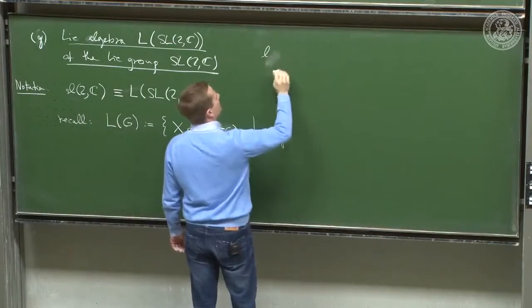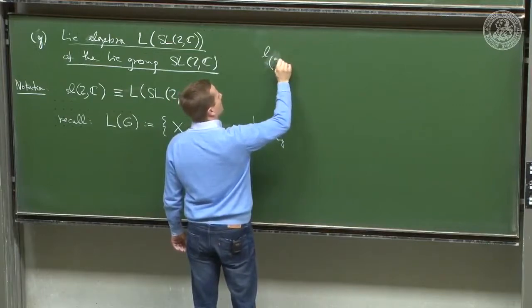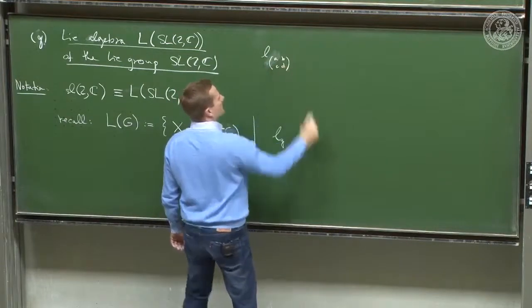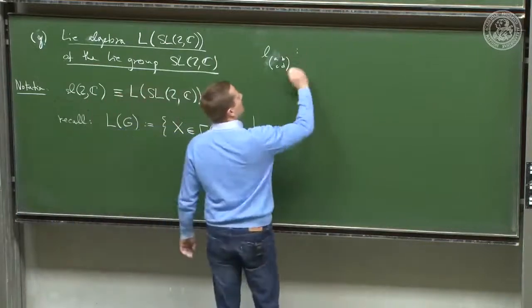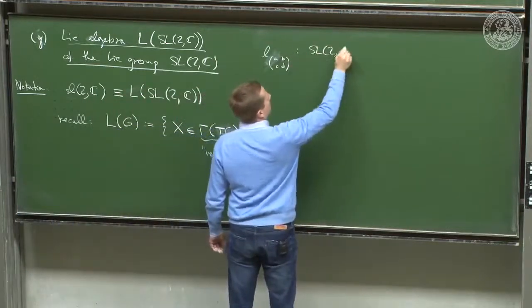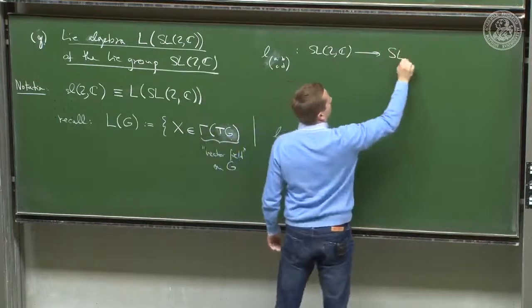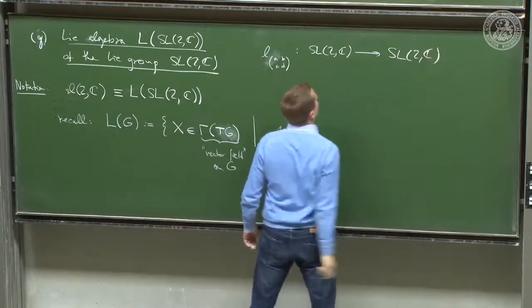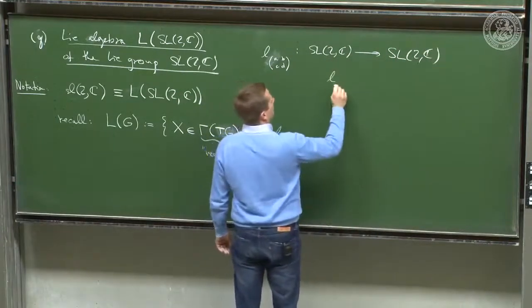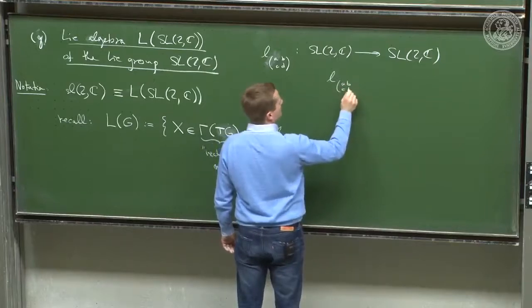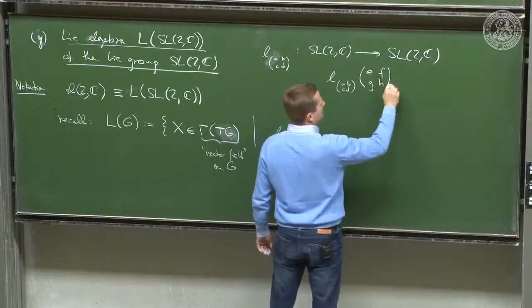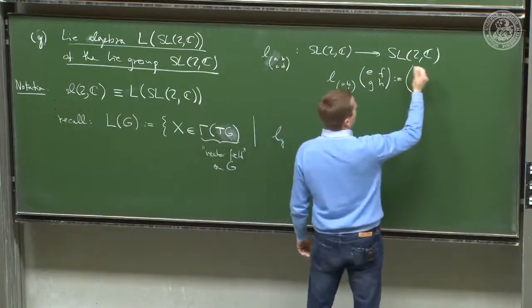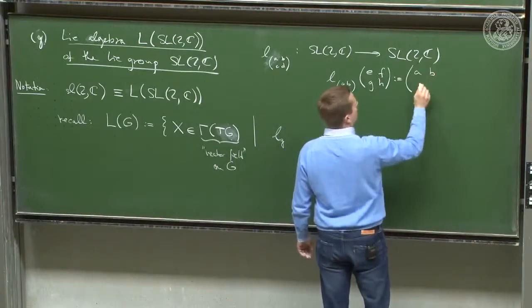Let's write it down for our case. We take an element of the group, in our case a point of this sort, and it takes one element of the group and produces another element of the group: L_(A,B,C,D) eating (E,F,G,H) is defined as the matrix product from the left.